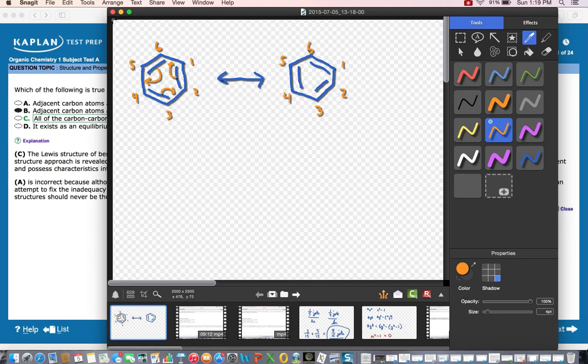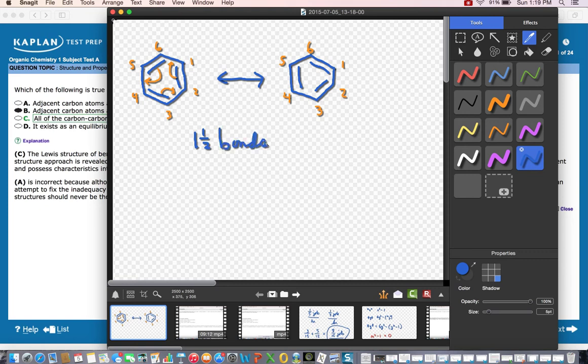So the idea is that if we look at carbon 1 and carbon 2, half the time it's a carbon-carbon double bond, half the time it's a carbon-carbon single bond. So overall, these 6 pi electrons are delocalized over the entire surface of this ring, which means any carbon-carbon bond length is technically 1.5 bonds when you take the weighted average.